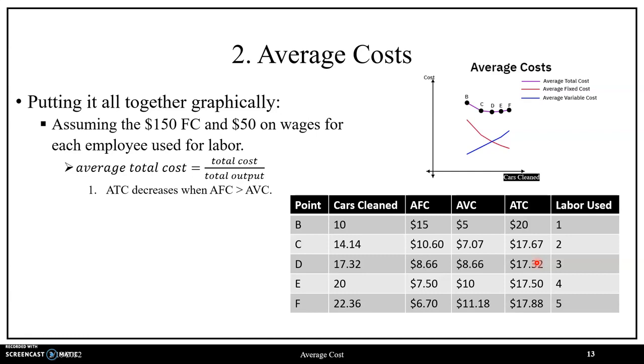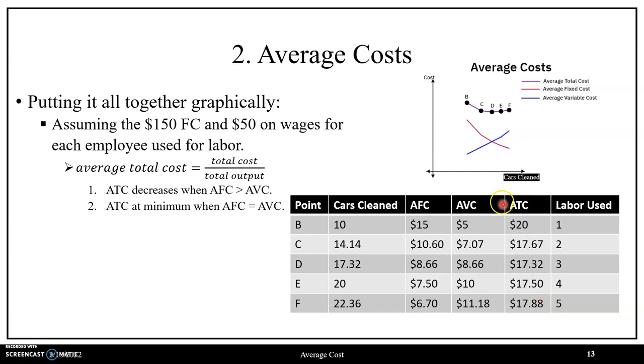So then we have that average total cost will be decreasing when average fixed cost is greater than average variable cost, where upon inspection we see that at point D, this is when average fixed cost and average variable cost intersect. So this is going to correspond to a minimum point in regards to average total cost, which we can see holds true in our table representation, where $17.32 is going to be the smallest amount in terms of average total cost given points B up until point F.